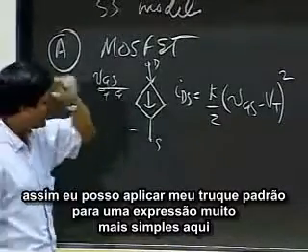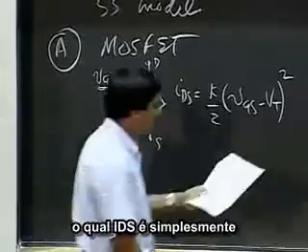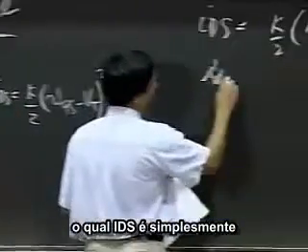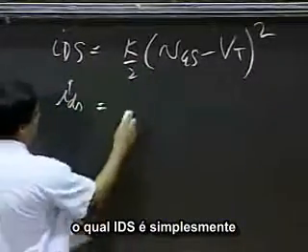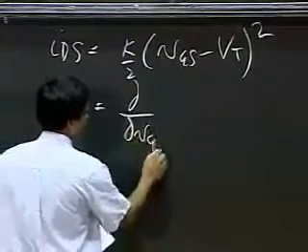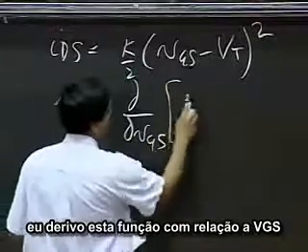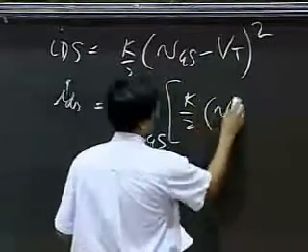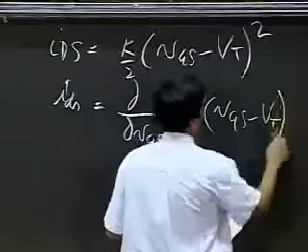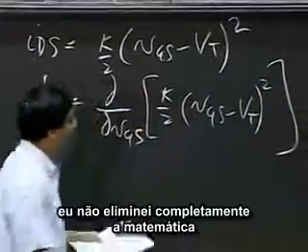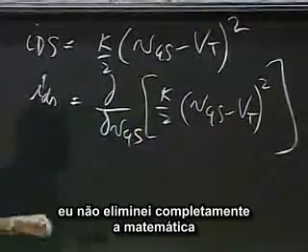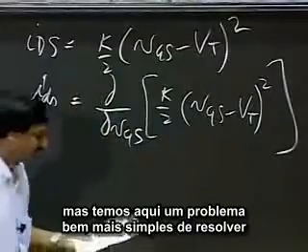Okay? So I can apply my standard trick to a much simpler expression here, which is IDS is simply, I differentiate this function with respect to VGS. So I don't completely eliminate the math here, but it's a much simpler problem.